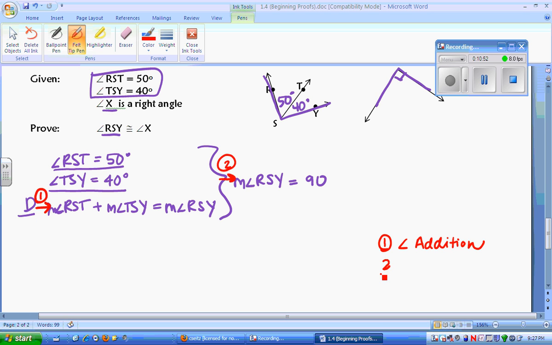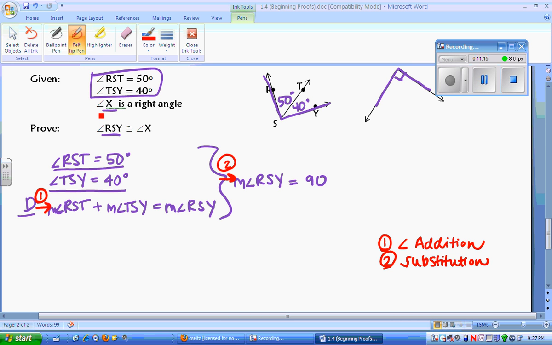And 2, what's actually happening in this picture, the 50 is replacing over here and the 40 is substituting over here. That's called substitution. Okay, so now I have that this one's 90.